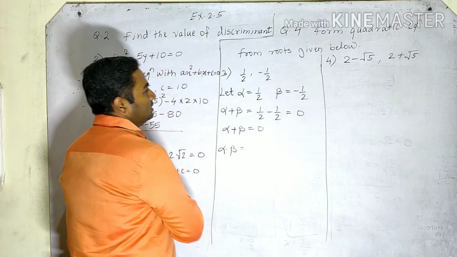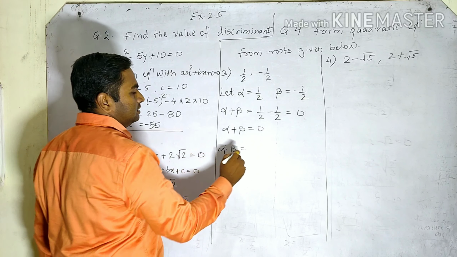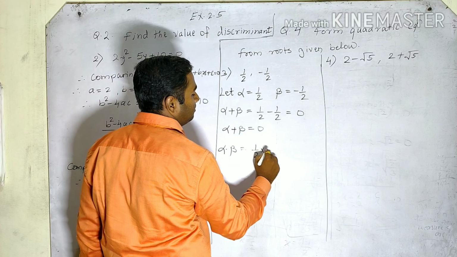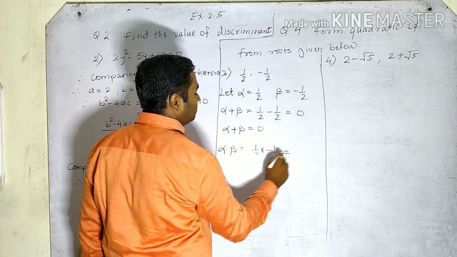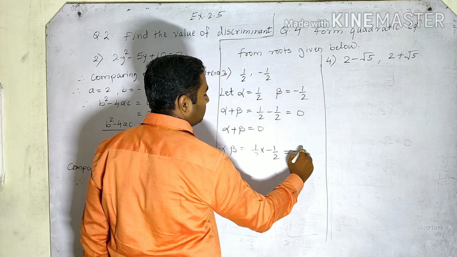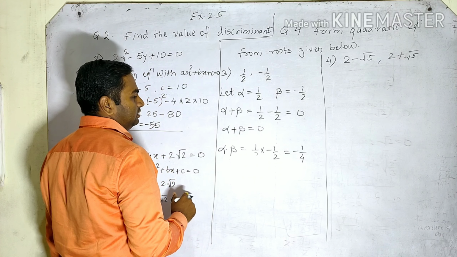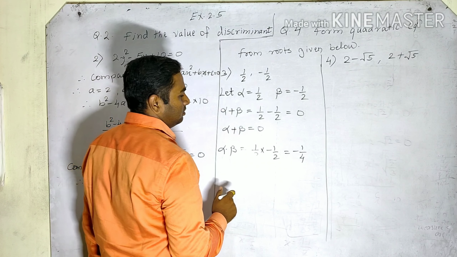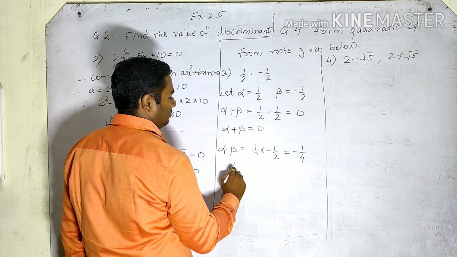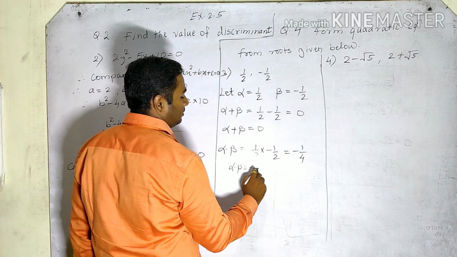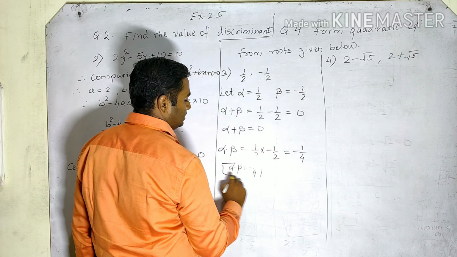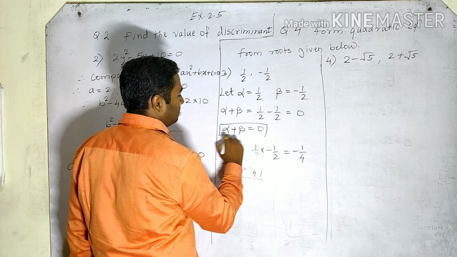Alpha into beta is half multiply minus half, so it becomes minus 1, and 2 2s are 4. So alpha into beta is minus 1/4. Okay, this is alpha into beta, this is alpha plus beta.